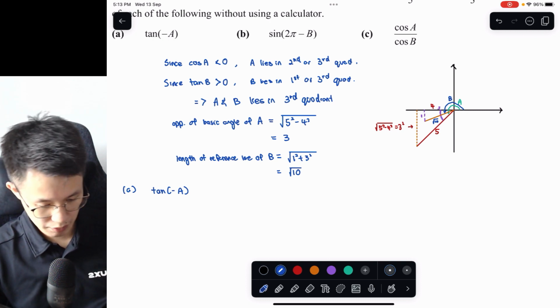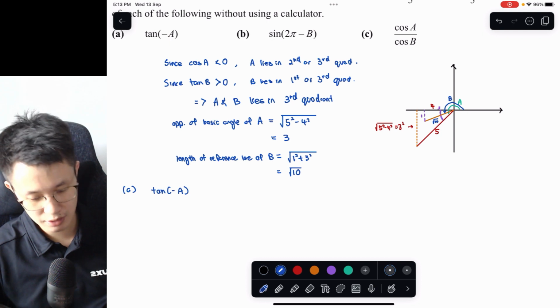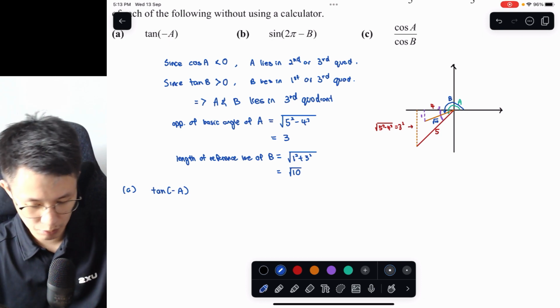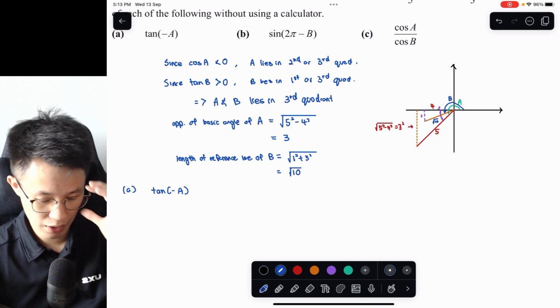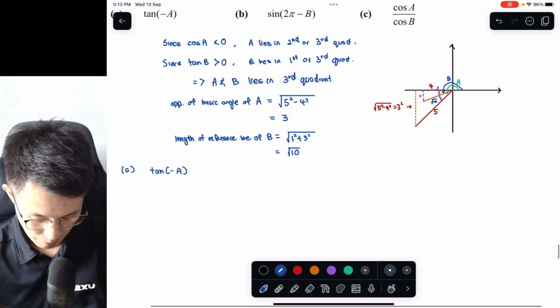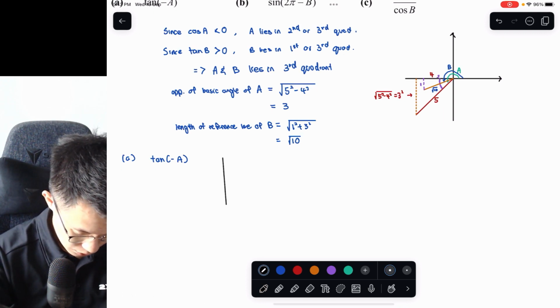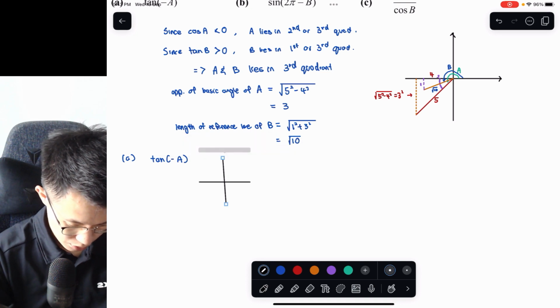Negative A is the opposite. Okay, so if we're talking about tangent negative A, that's totally different, right? It means that we flip the angle towards the second quadrant. So for this question over here, we're going to quickly draw this.